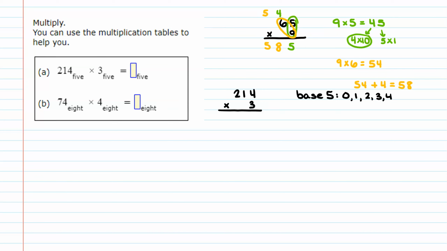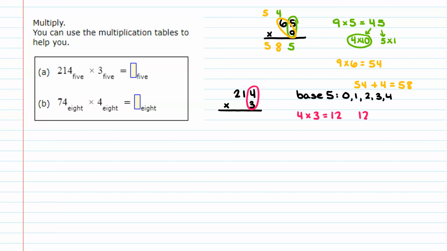Okay, after 4, we have to roll around back to 0 and carry. So let's do our first multiplication, 4 times 3. So 4 times 3 in base 10 makes 12. But 12 is not a base 5 number. We have to change it to base 5.